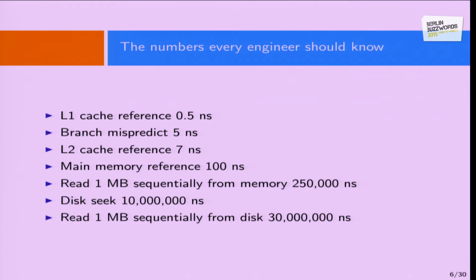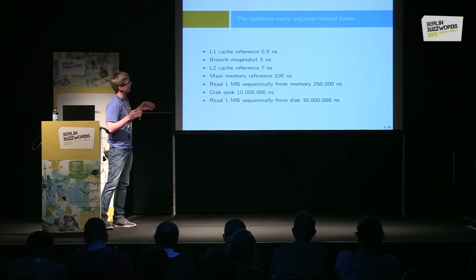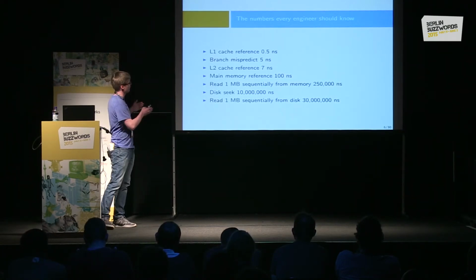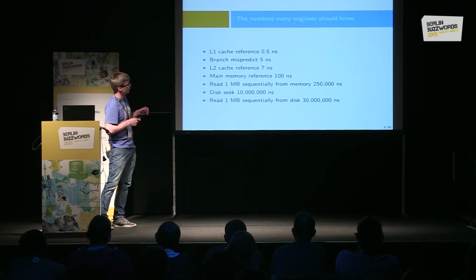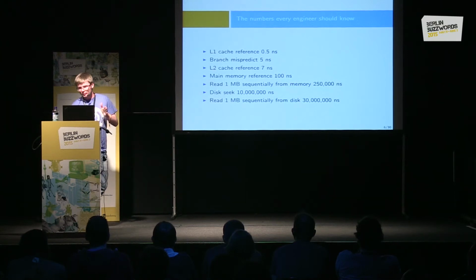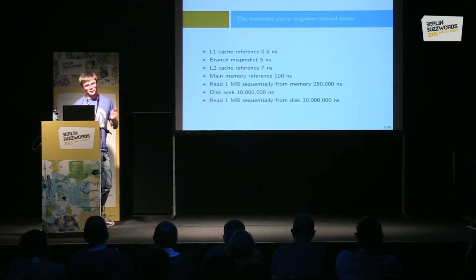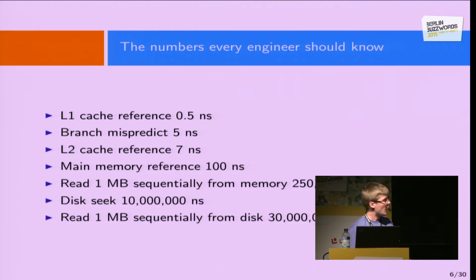Instead, from disk, we need to spend about millions of nanoseconds. So if we have compact data, there is a high probability that this data can fit into memory, into one of the caches. As a result, we can reduce the latency of our algorithm and the search, for example.